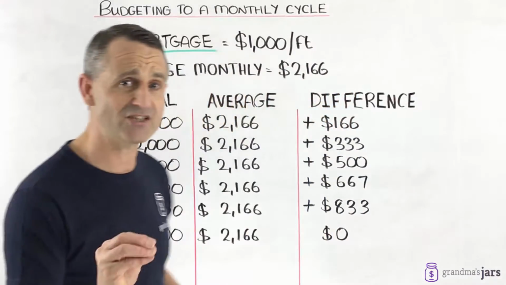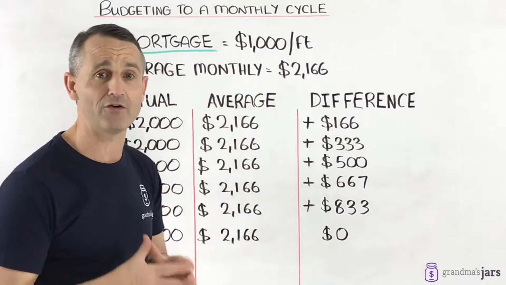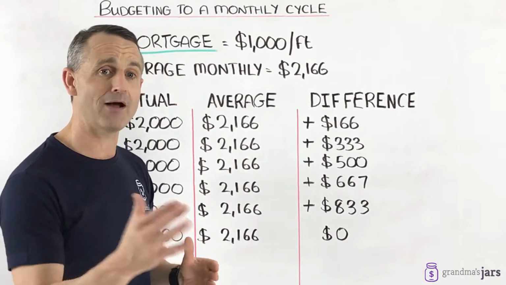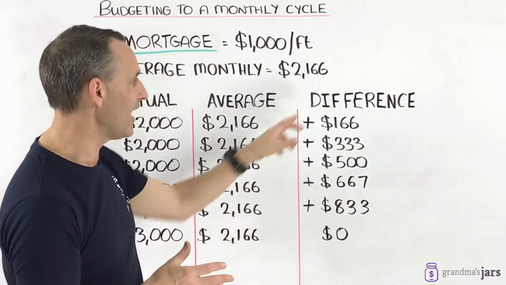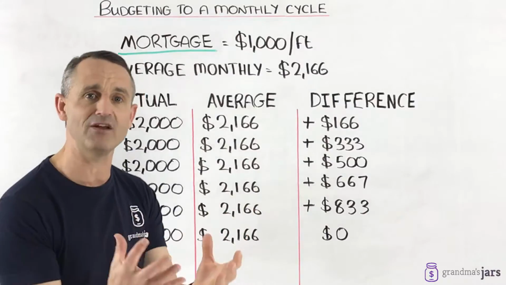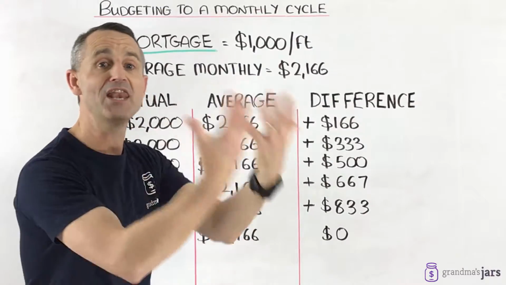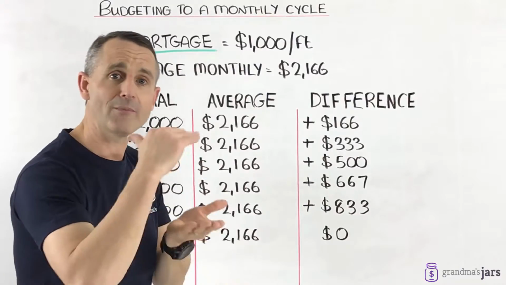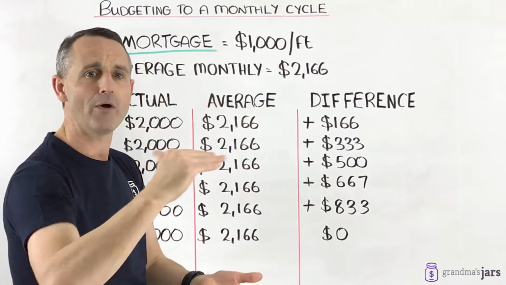What's actually happened over that time is I've been budgeting for $2,166, which means that in month 1, I paid 2 lots of $1,000 to my mortgage, but I have $166 left in my mortgage jar. In month 2, same thing, another $166. So I'm accumulating $166 each month in my mortgage jar.